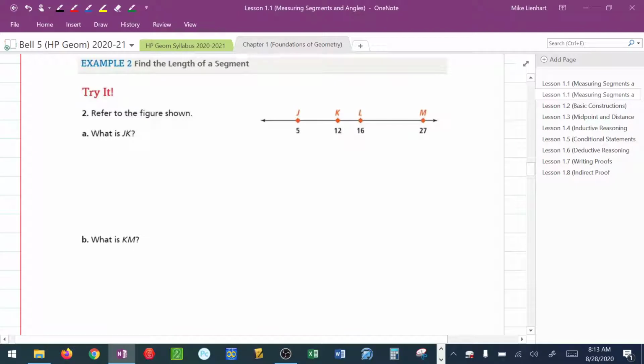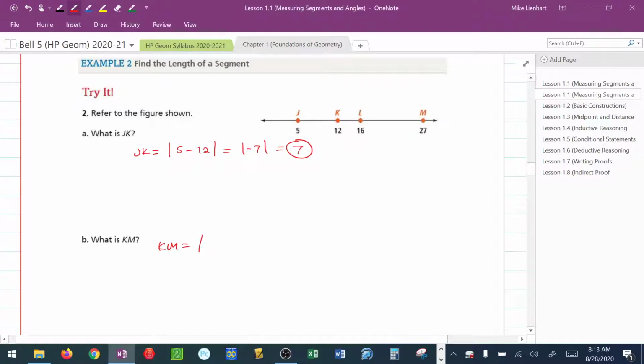In this problem, they want me to find JK. Well, I know that JK is the absolute value of 5 minus 12. J matched with 5, K matched with 12. This is the absolute value of -7, or 7. How about KM? Well, I know that KM is the absolute value of, I still like to go left to right.